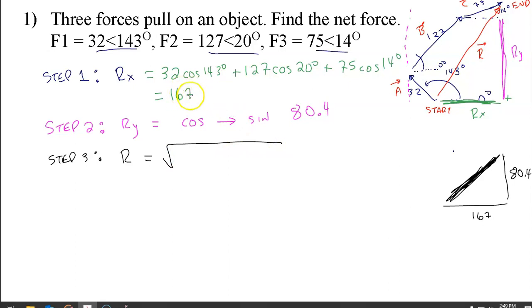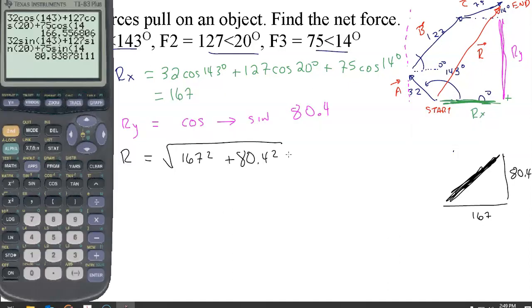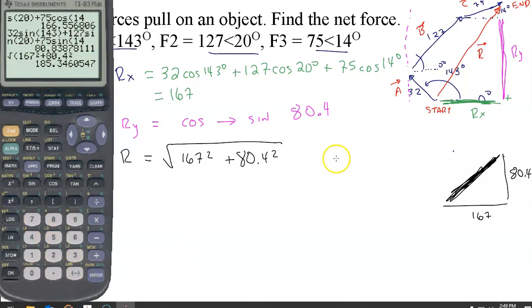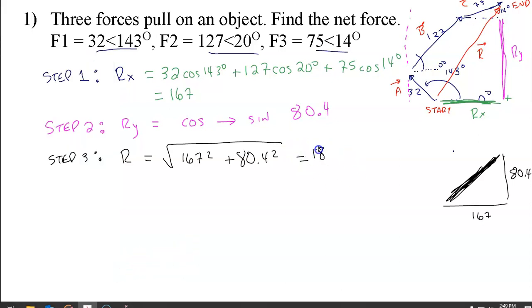So I need to take this number and that number and run it through it. That would be the square root of 167 squared plus 80.4 squared, and 185, somewhere in there. All right, and that would be the length of this line right there. We are now 185 steps away from there.